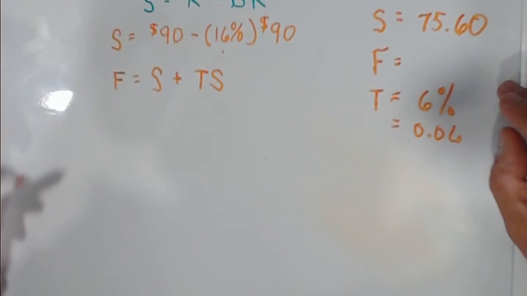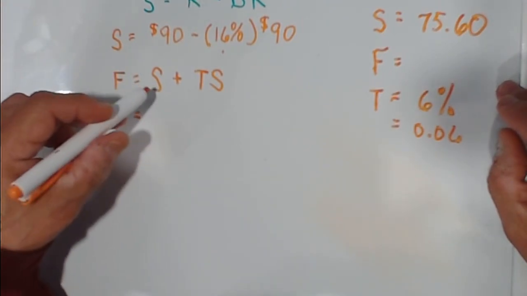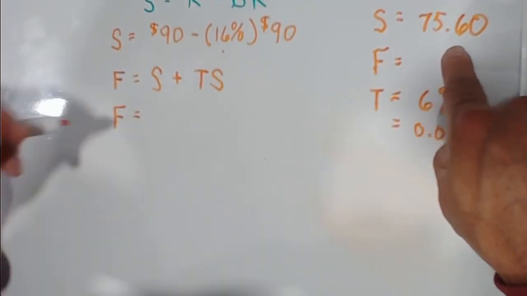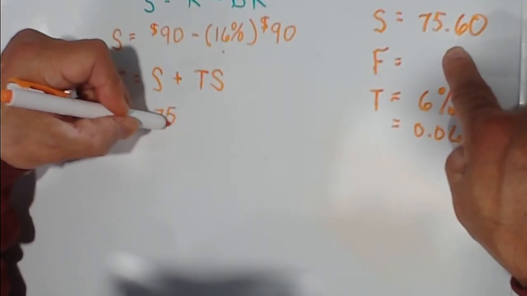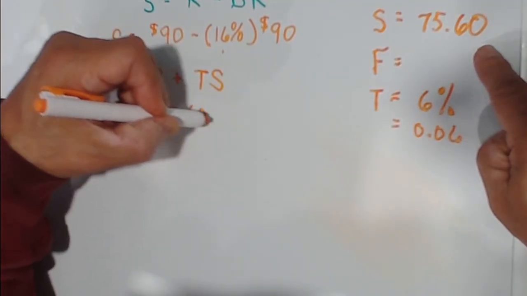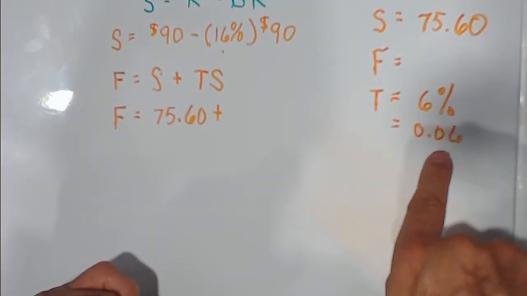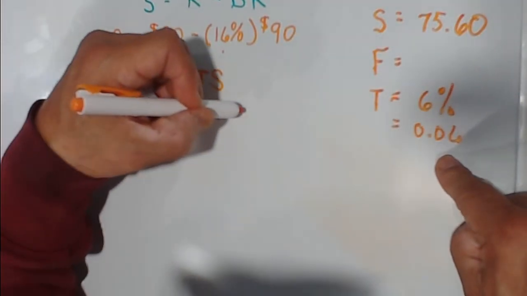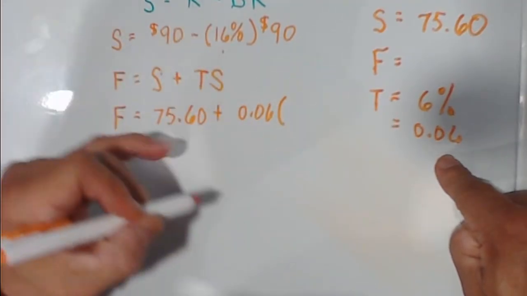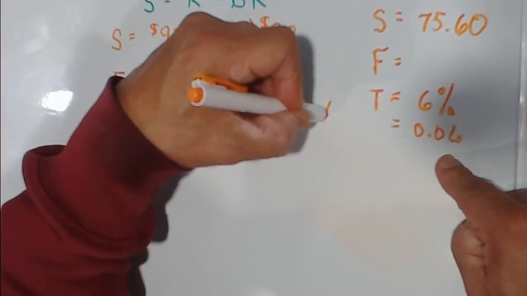Our final cost is equal to S, which is $75.60, plus the tax rate 0.06 times the sales price, 75.60.